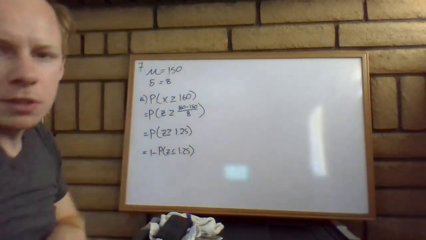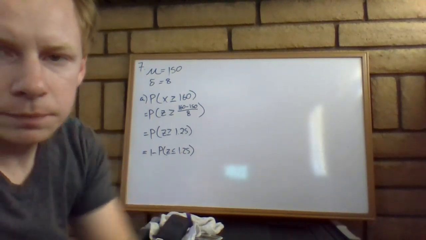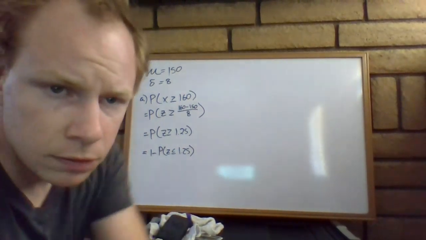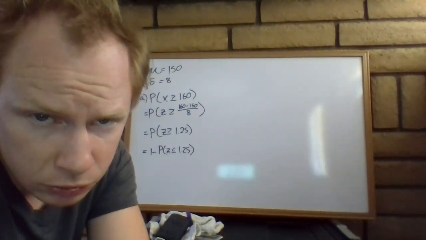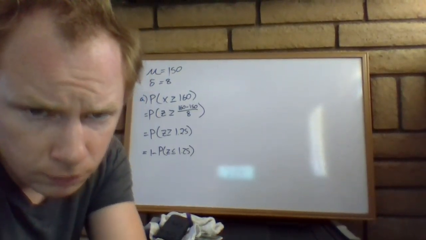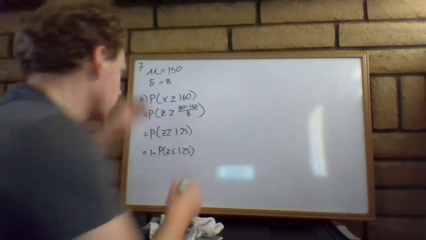All right, and then we just find that on our z table. 1.25 will be 0.89435.